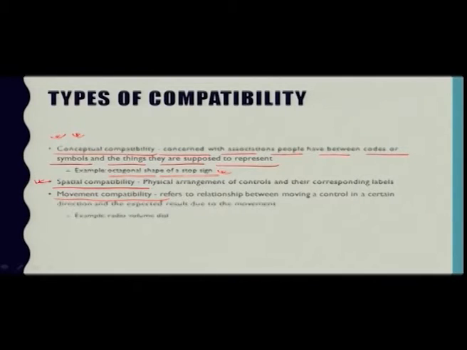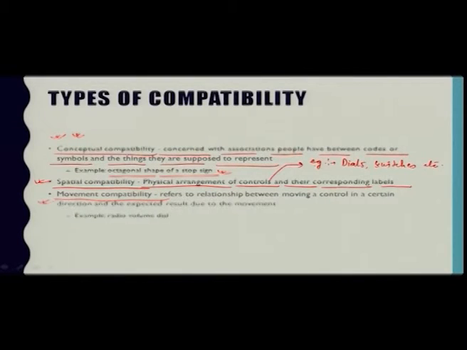Now we come to spatial compatibility, which is concerned with the physical arrangement of controls and their corresponding labels. Examples of spatial compatibility are dials and switches.